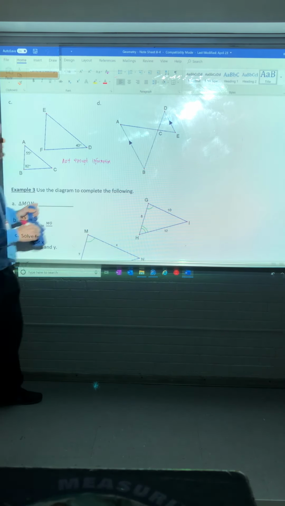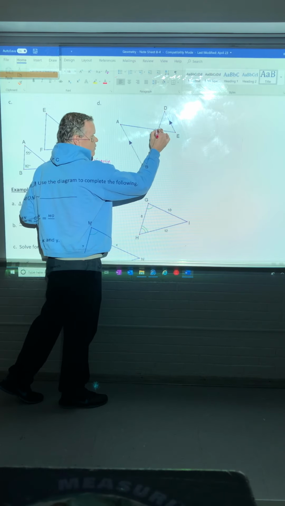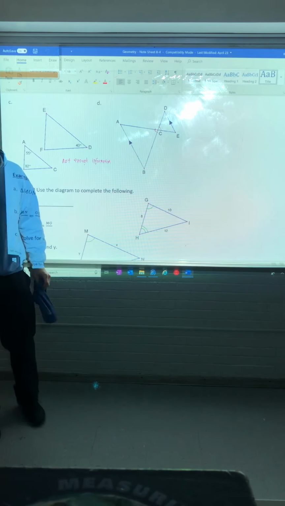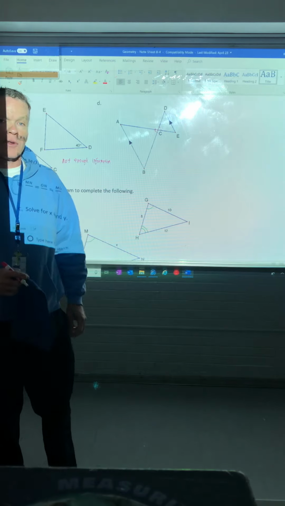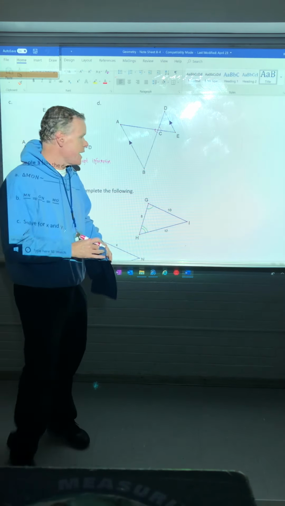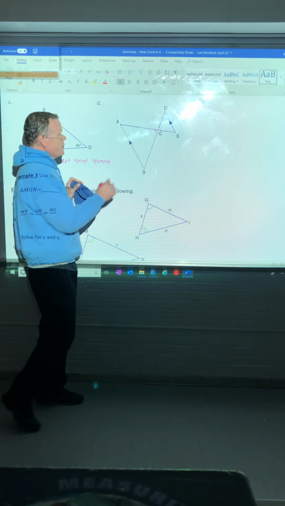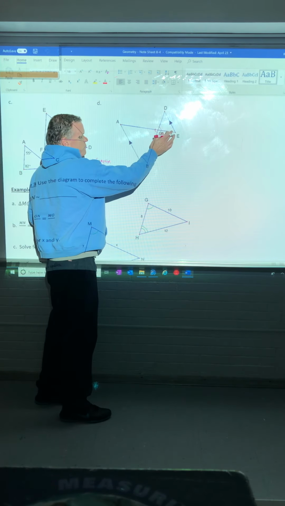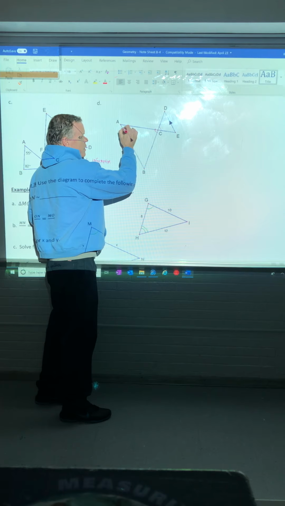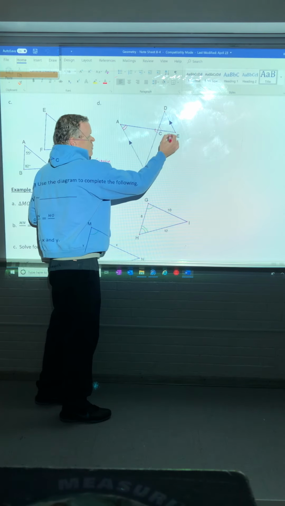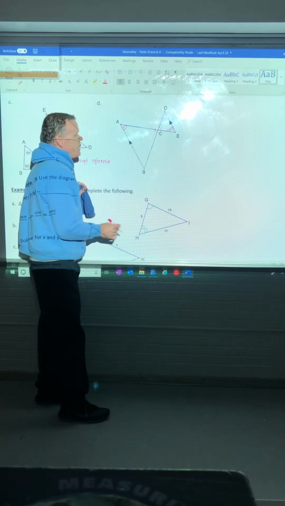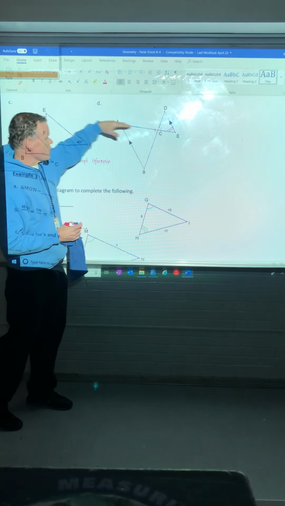And then here, we've got these two angles congruent because we know they're vertical angles. When I introduced vertical angles, I told you guys we would see it over and over again, and sure enough, we're seeing it a lot. And then you've got the alternate interior angles right here, angle A and angle E. Remember, this is like a transversal coming through.